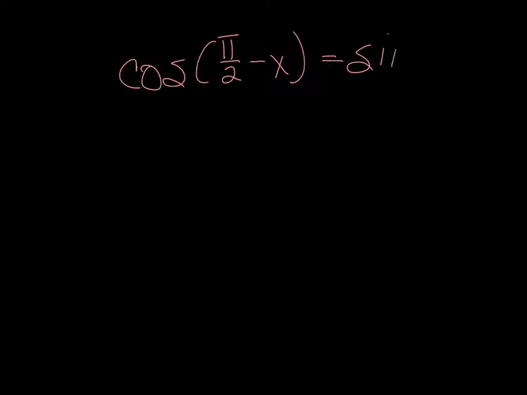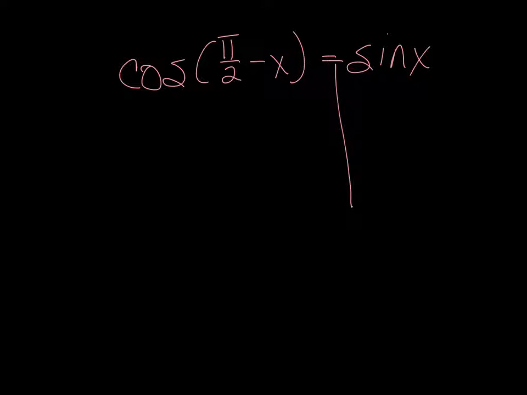One last thing, I want to use my identities to prove that the cosine of pi over 2 minus x equals the sine of x. This is an identity that we have worked with, but now let's use the addition and subtraction formulas, the sum and difference formulas, to actually prove it, algebraically.